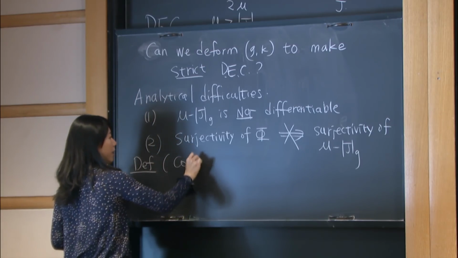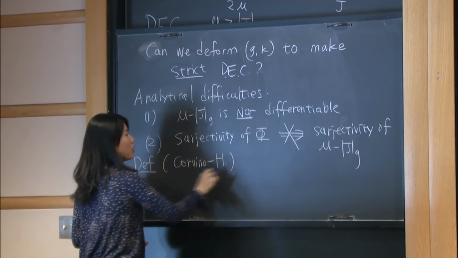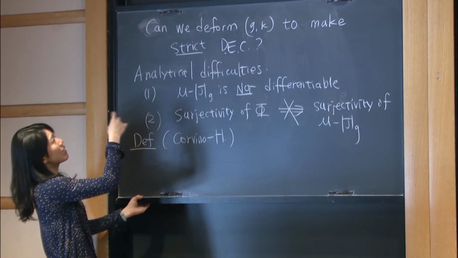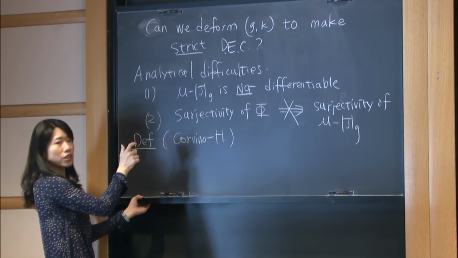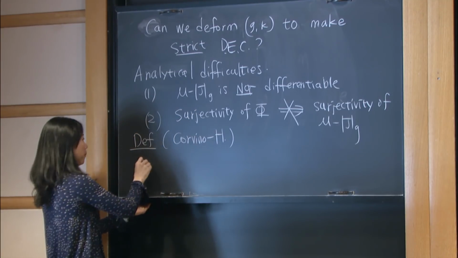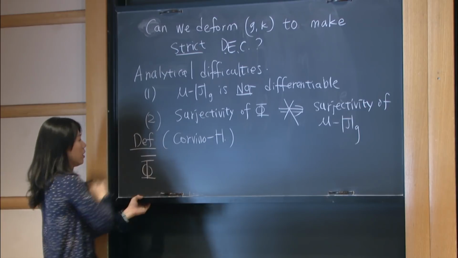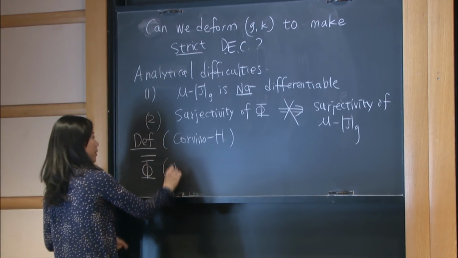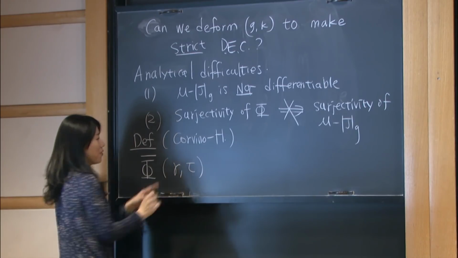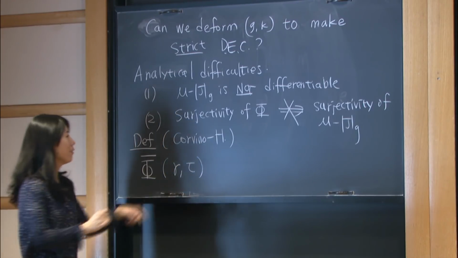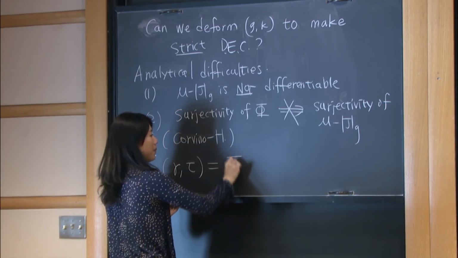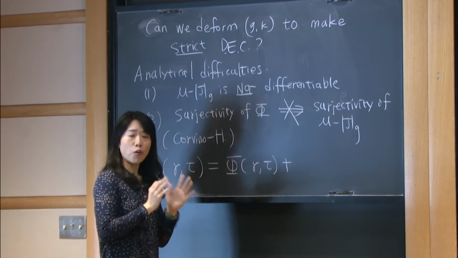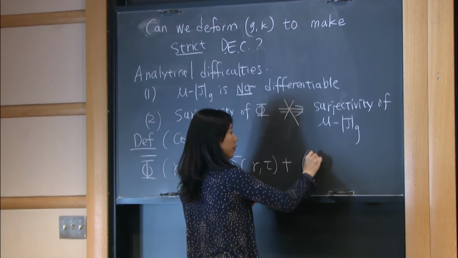Corvino and I introduce a modified constraint map, which is exactly designed to absorb the error term from the change of the norm. So we denote phi bar to be the modified map. Given initial data, say gamma and tau, this will be the usual map, but we modify it by a lower order linear term.